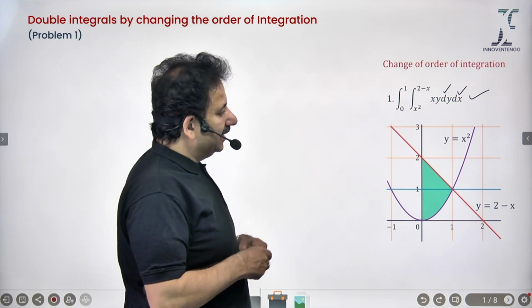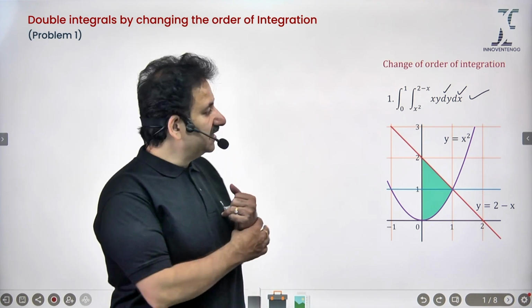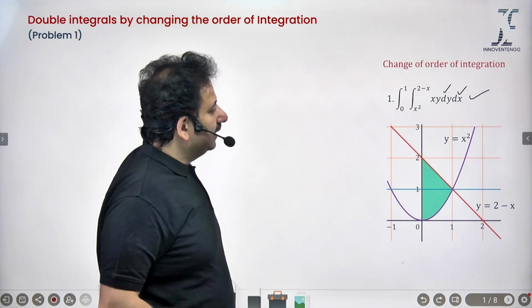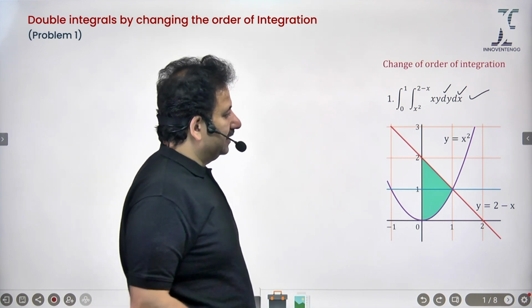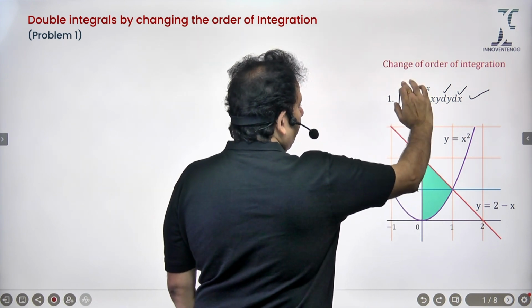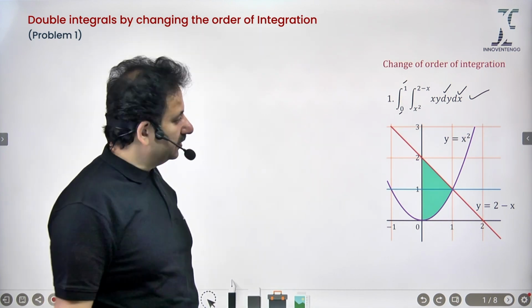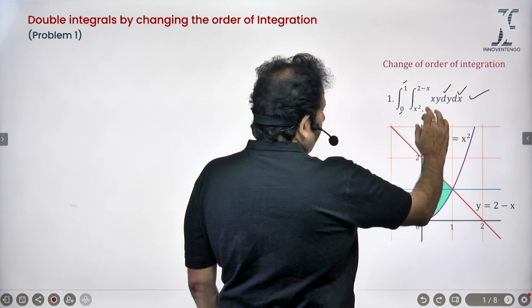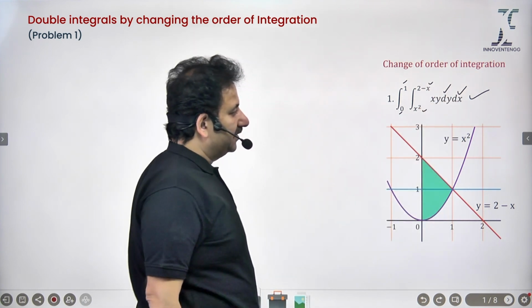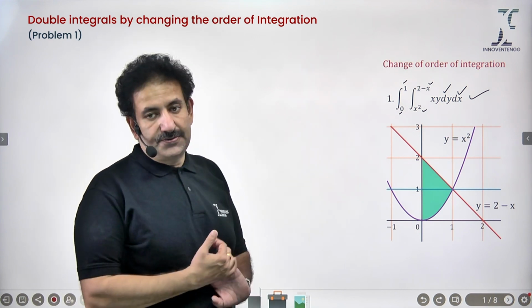But that apart, let us make some very, very important observations. Observation 1: you can see that the limits that I have put for the outer integral, that is 0 to 1, are fixed numbers, whereas the limits for the inner integral, that is when you are integrating with respect to y, are variable limits.